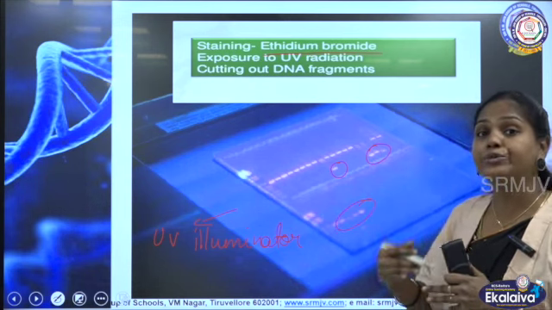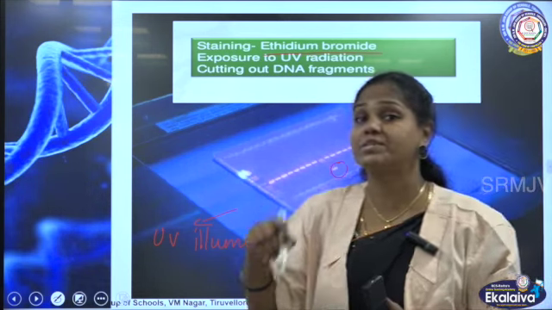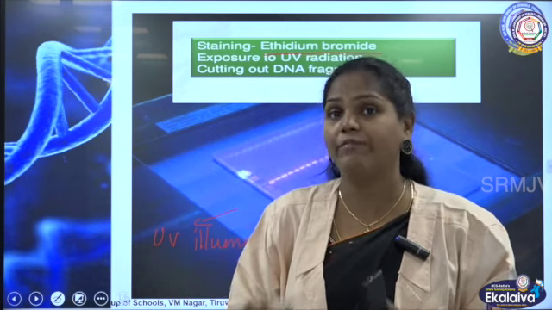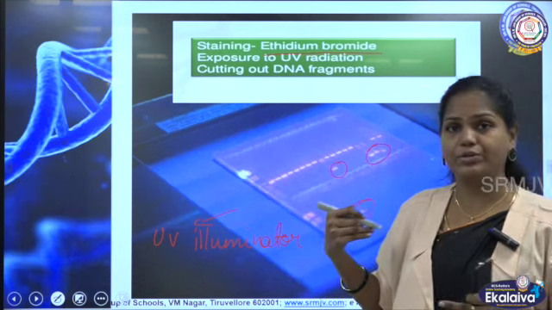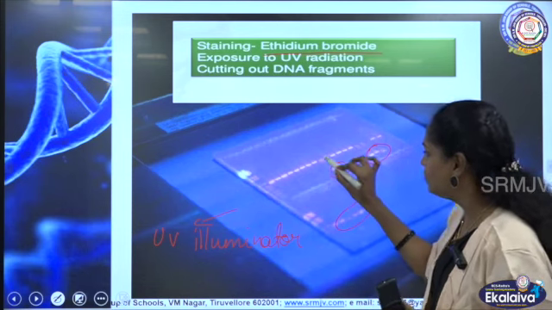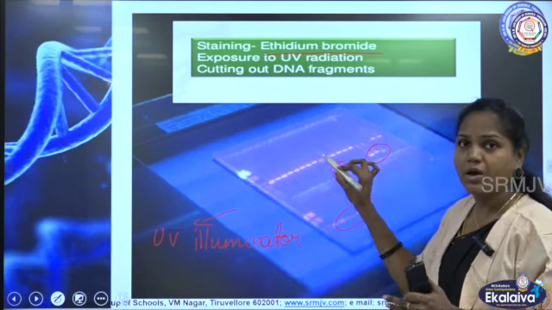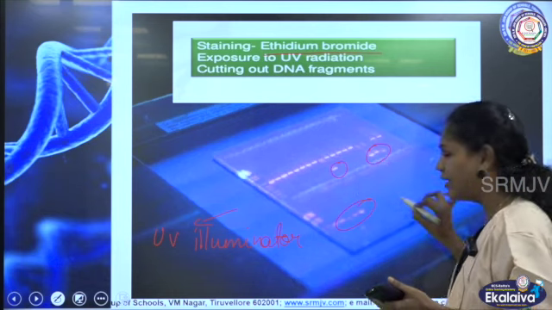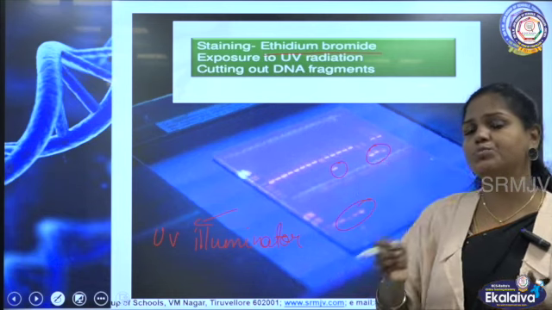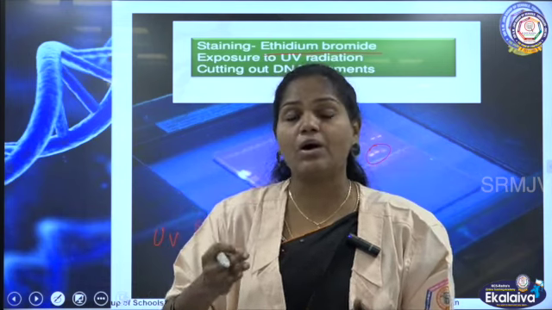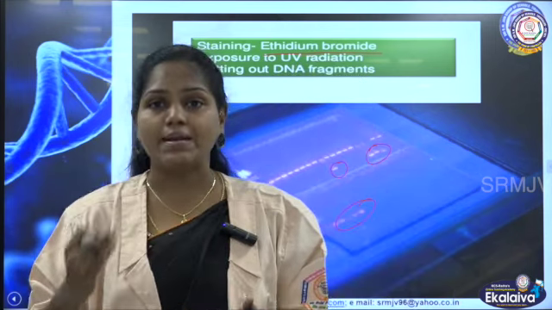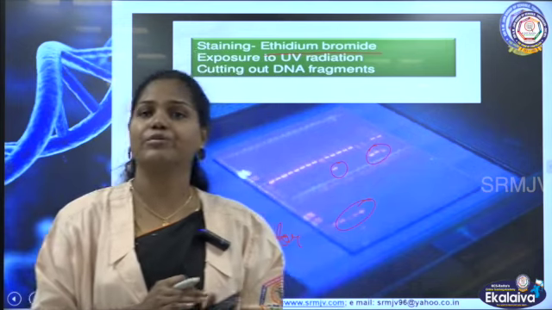According to their size, to be precise according to their molecular weight, the DNA fragments moved towards the anode. The heavier fragments will stay very near to the well. The smaller ones will move away from the well for a long distance because their size is small. So this is how our DNA fragments can be separated using agarose gel.